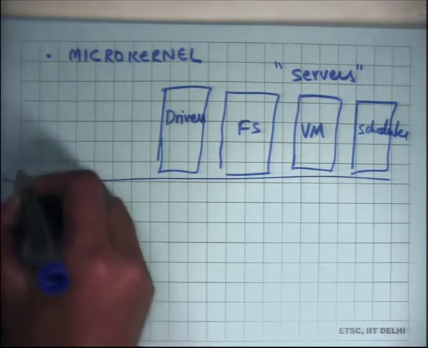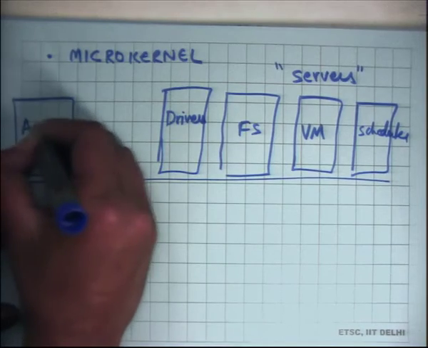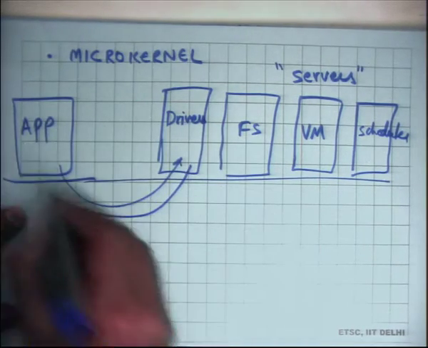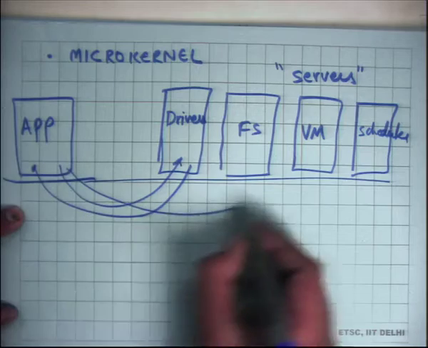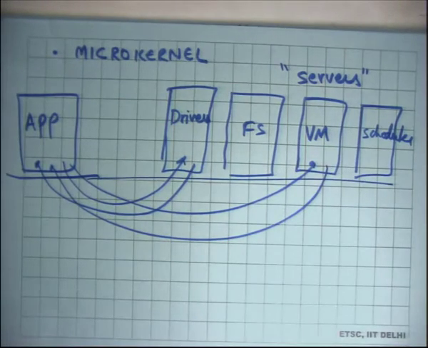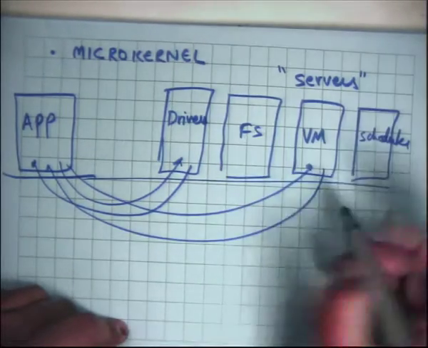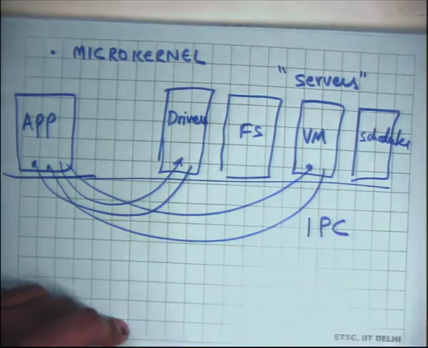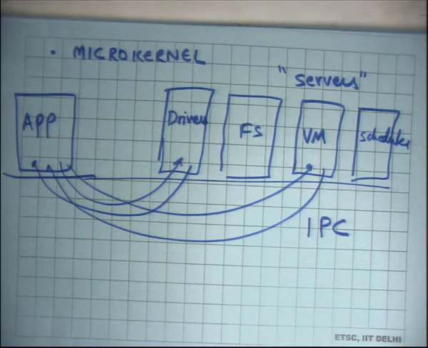And then there will be other applications that are running, and the applications could talk to these modules like this. The interface for talking to these modules or to these servers is what's called inter-process communication. We know about this, IPC, inter-process communication, right?